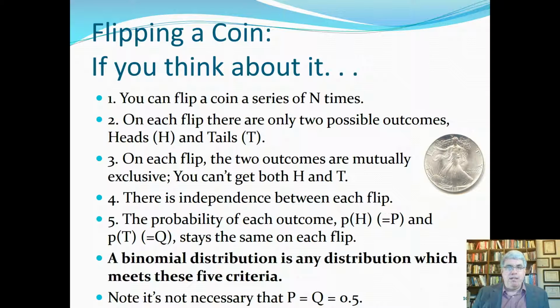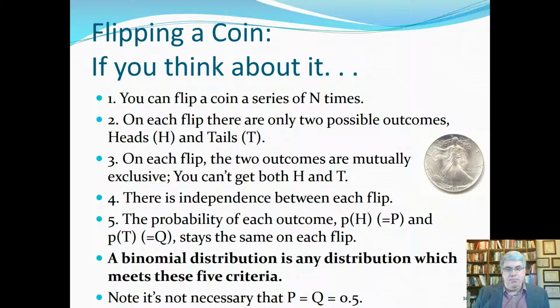The probability of each outcome, and we're going to call that P, the probability for what we're looking at, and the other outcome, tails, which we're going to call Q, stays the same for each outcome. So with coins, it's 50-50, but it doesn't have to be that way.